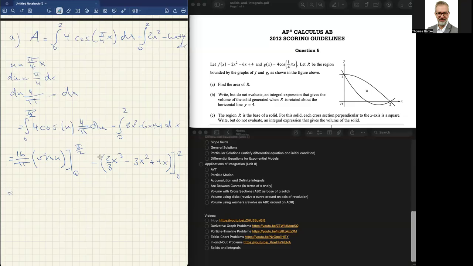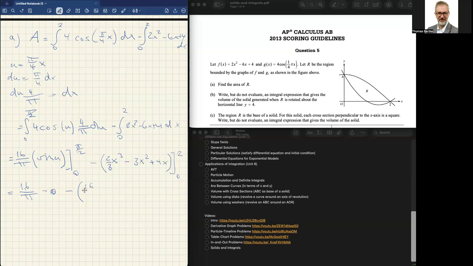All right, so here we're going to have sine of pi over 2. Sine starts at 0, and then pi over 2 is going to be 1. So that's 16 over pi. And sine of 0 is going to be 0, so I don't have to subtract anything. Let's just write it here anyway, so we have it accounted for. And then minus, still keeping the big parentheses here. 2 inserted into this here: 2 cubed is 8 times 2 is 16.